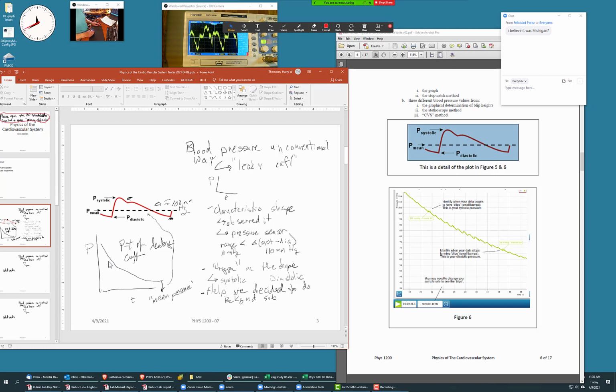And then we had to decide on trigger points. Where is the systolic and where is the diastolic?